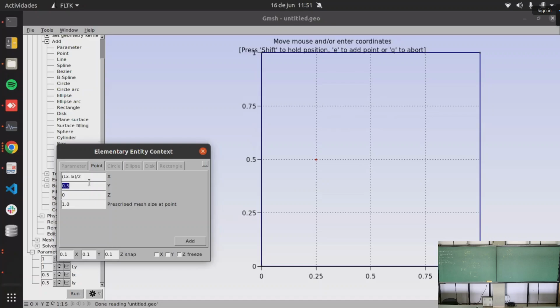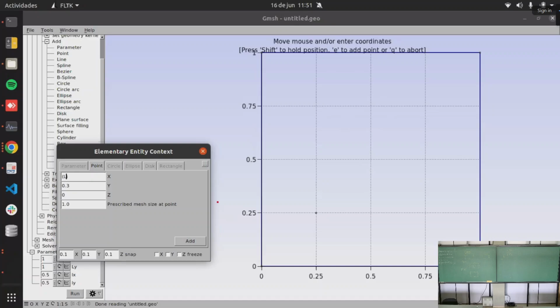And here, alignment. I have to add it. Okay. This is the point that I add now, and I will continue with the other points.